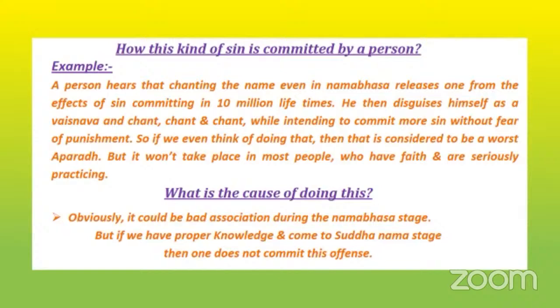Okay. So if we are going to get rid of the asat sangha, thinking that I want to be a Vaishnava, then immediately we will get rid of this asat sangha. Tyag means just give up. Give up their association. Six kinds of association, we have to give up.